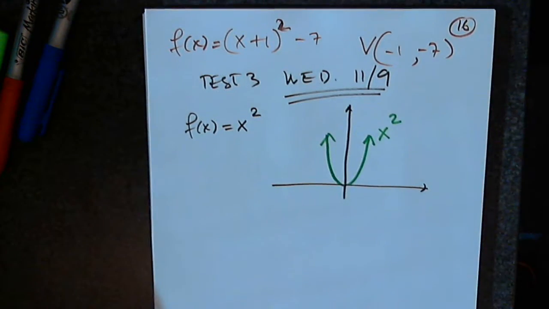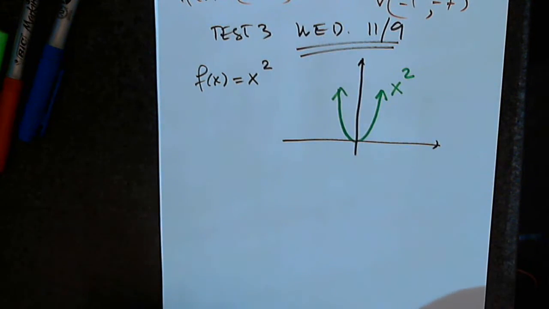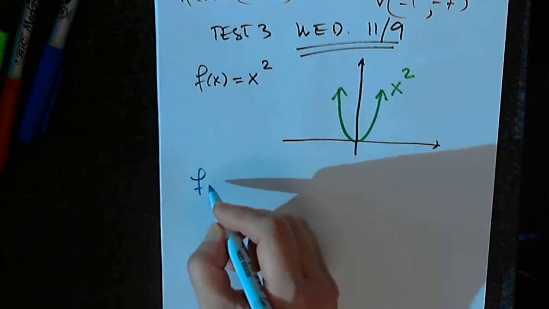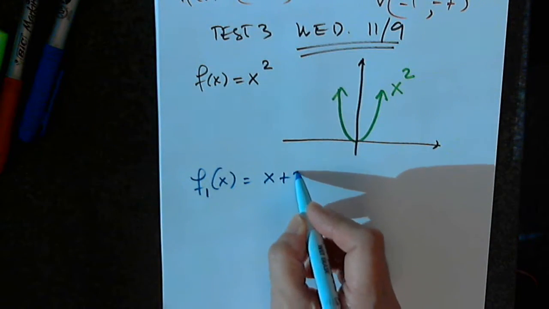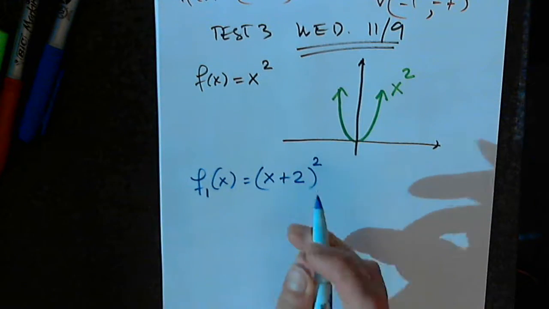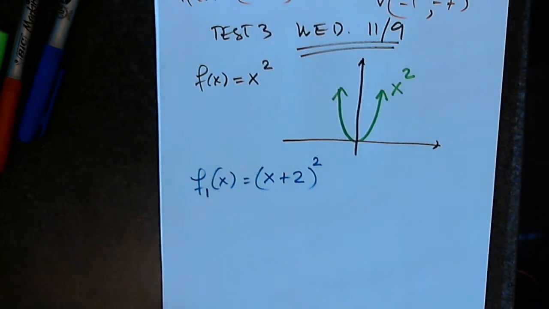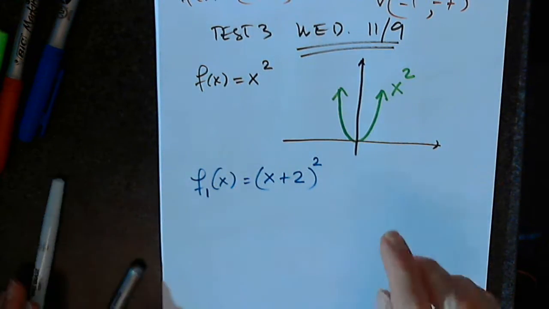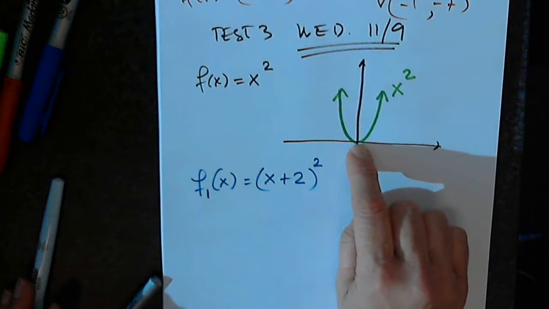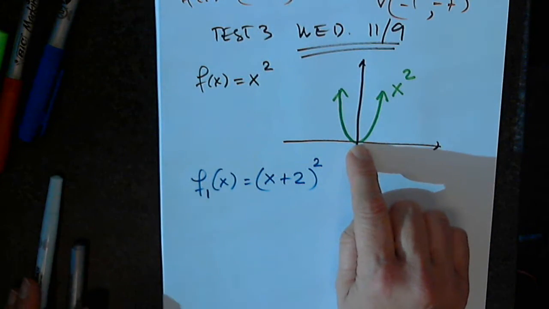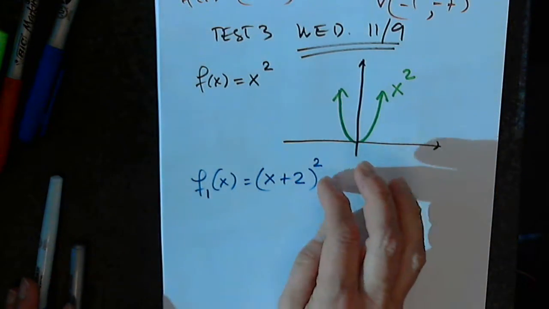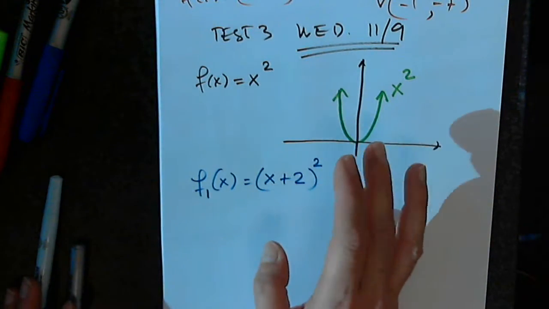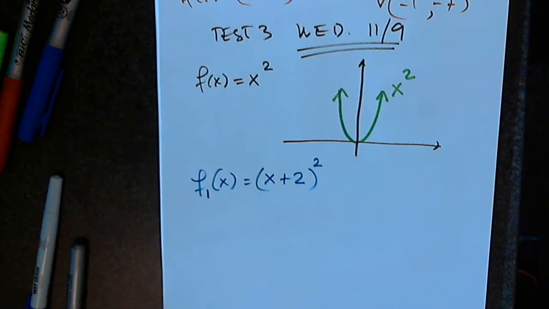Now what do you think will happen when I want to graph the function f1, which is x plus 2 everything squared? Don't say anything just yet. This is 0 when x is 0. Where will the function be 0? When x is?